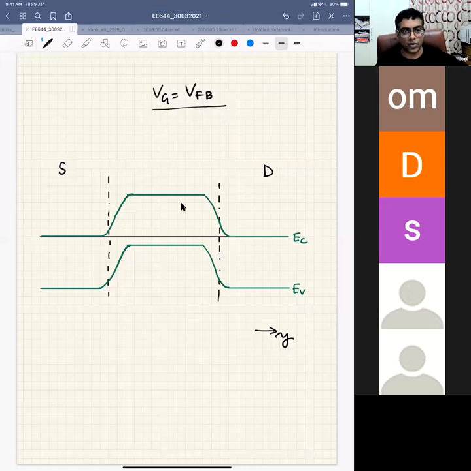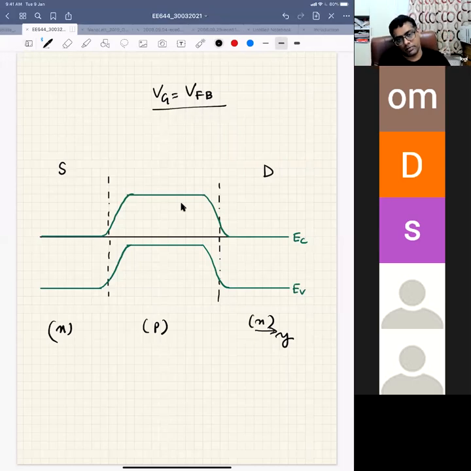So this is a typical band diagram in the y direction. This is your source. On the left hand side you have source, right hand side you have drain, and in the middle your substrate, and this is n type. So this region is n, this region is n, and you have p between. This is something like an NPN BJT band diagram.